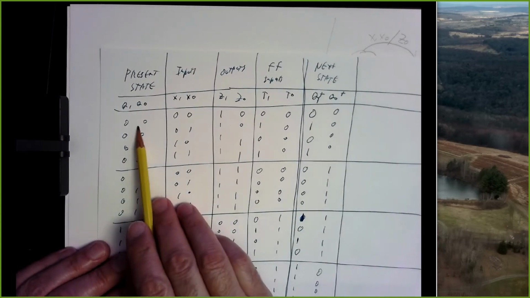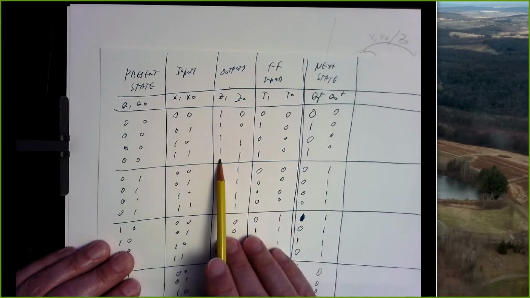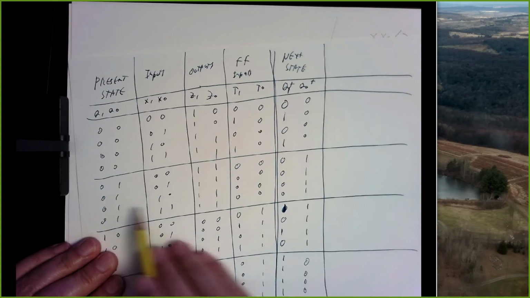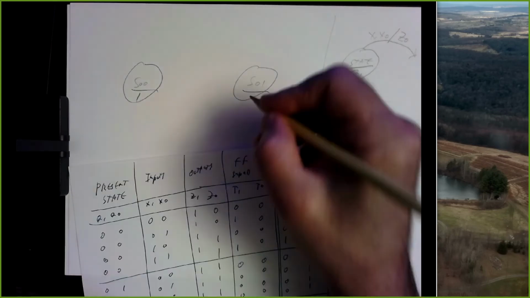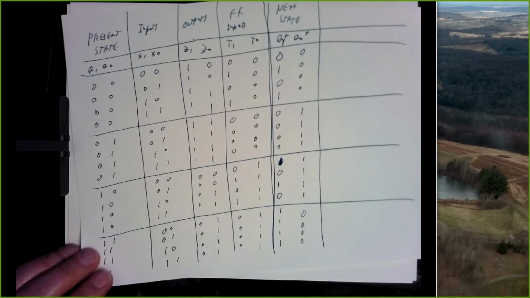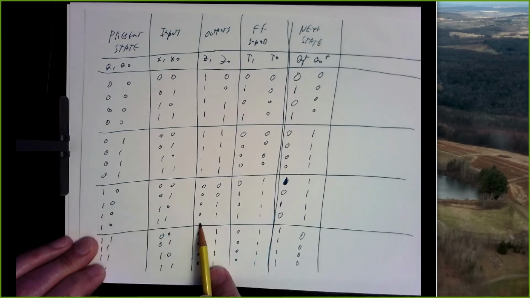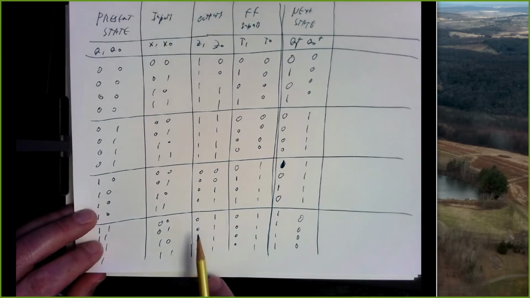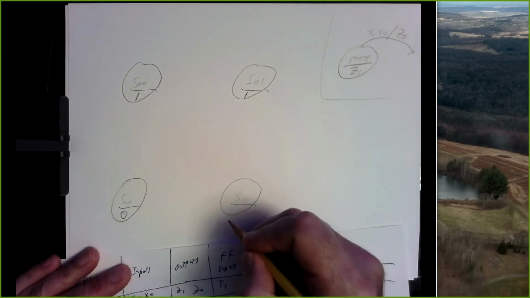Alright, well S00, the output is a 1, so this is a 1 down here. S01, the output is also a 1. S10, the output is a 0. And S11, the output is also a 0.